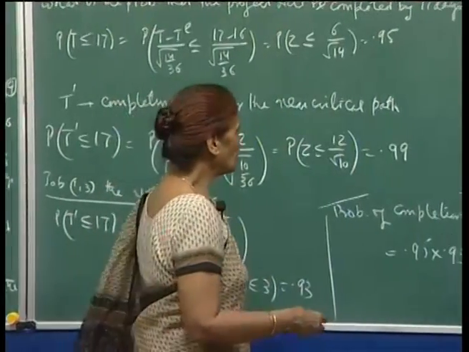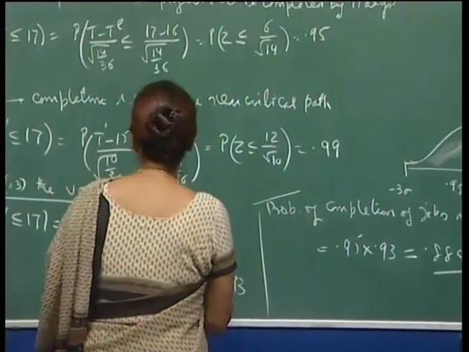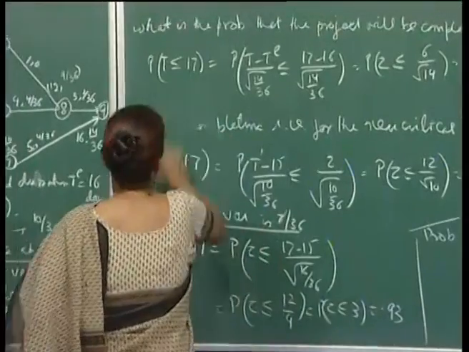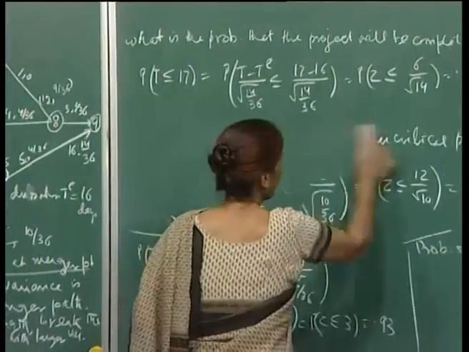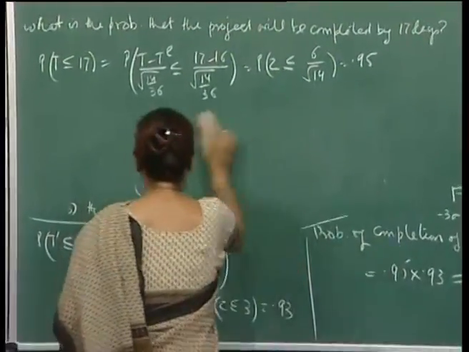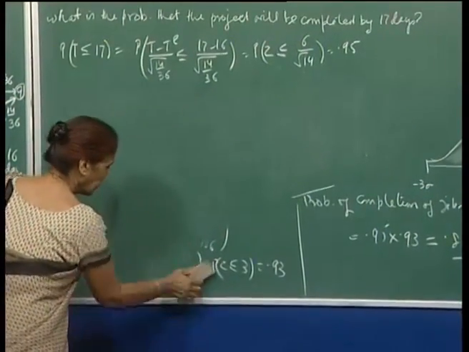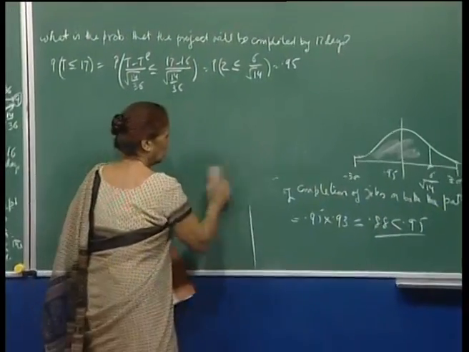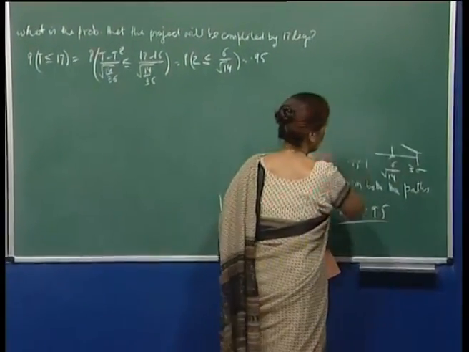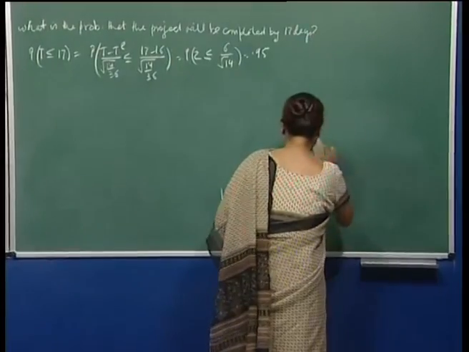So, for example, let me just write it down. You are asking what is the probability that your project will get completed by a certain date, which, for example, here again I can say is 17 days.